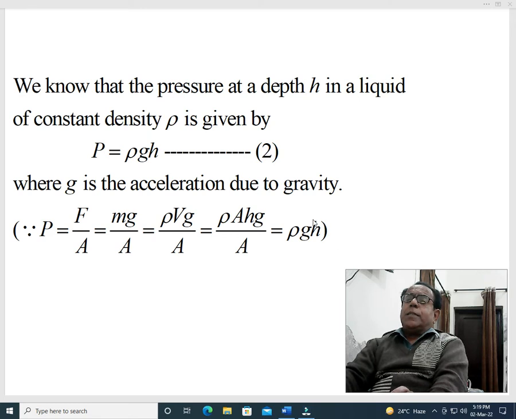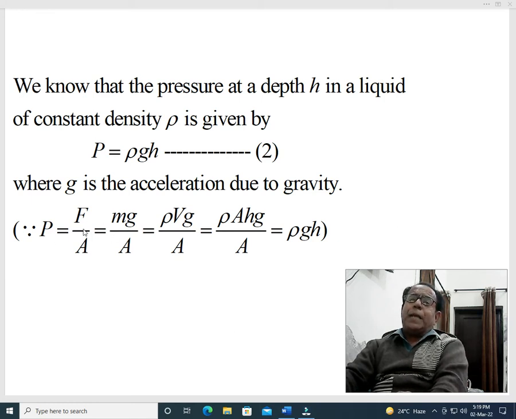Now dear students, in the next part of this solution, within brackets some explanation is given which will make our concept more clear. These three dots indicate because or since. Pressure is equal to force over area, and according to Newton's second law, F is equal to mg.